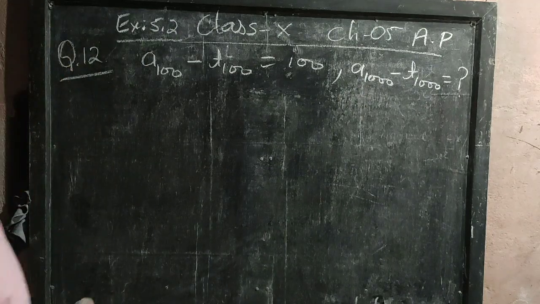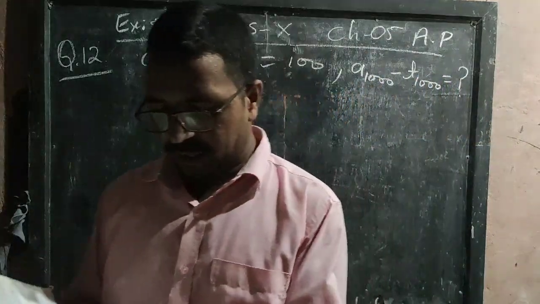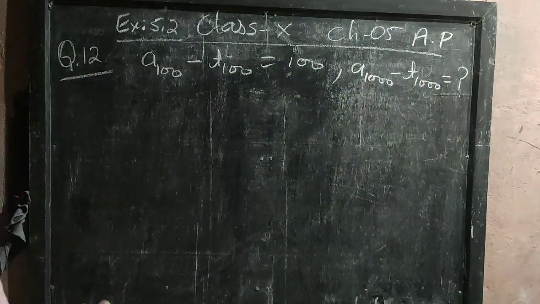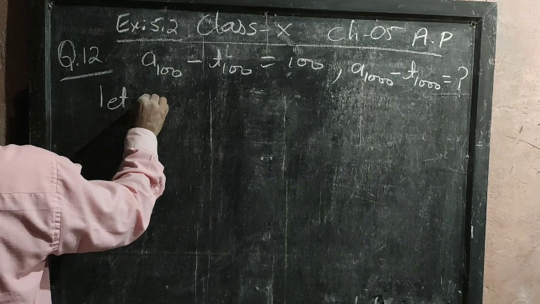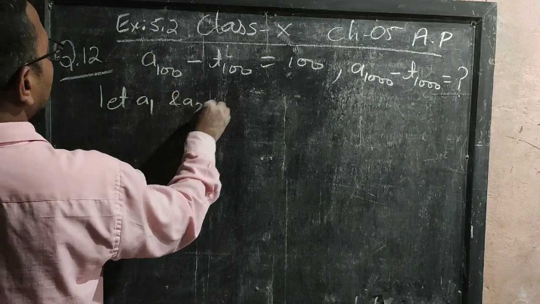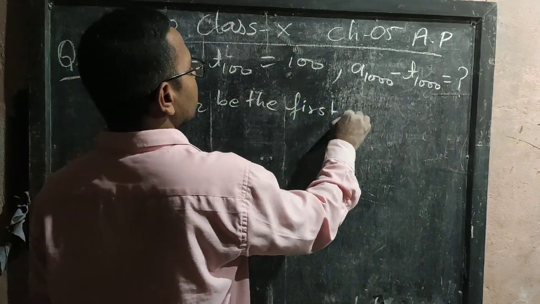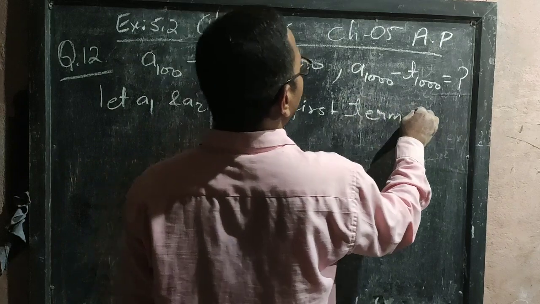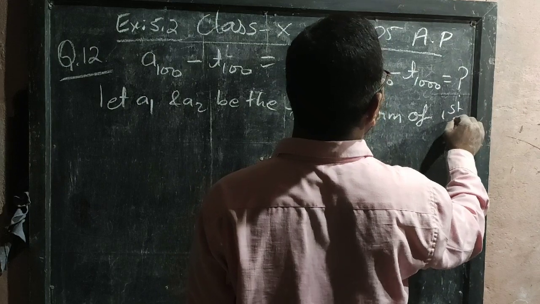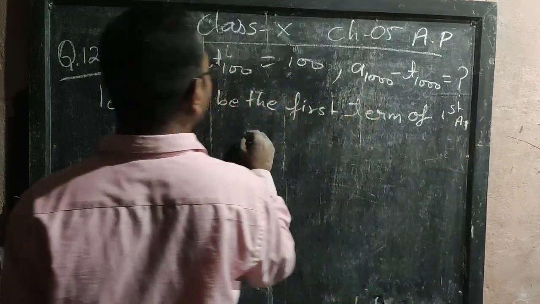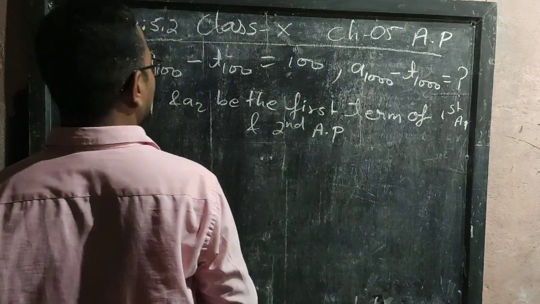So now let's see how we can solve the question. First, let A1 and A2 be the first terms of the first AP and the second AP respectively.